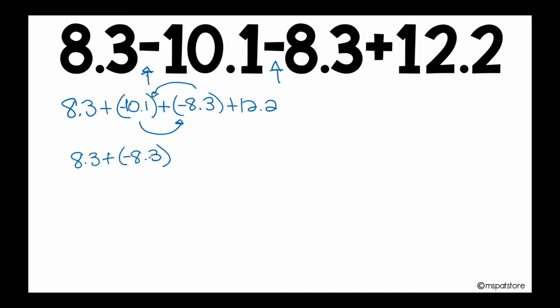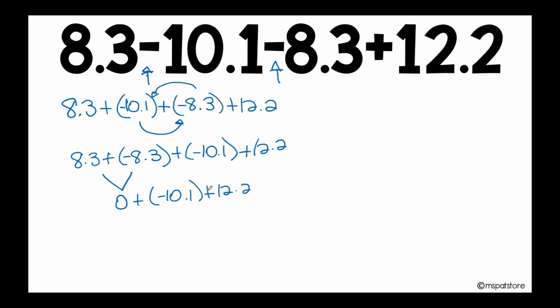But let me show you step by step so you do not get confused. So I have my whole sentence written down. Now I have positive 8 and 3/10 plus negative 8 and 3/10. It will be 0. I'm going to bring down the rest of the numbers that I haven't used, okay?